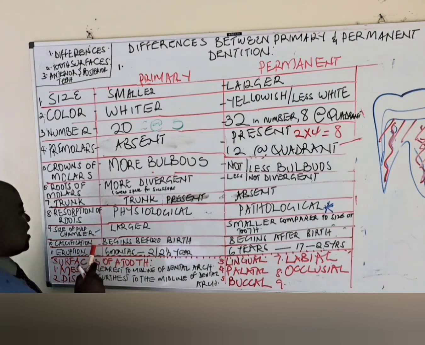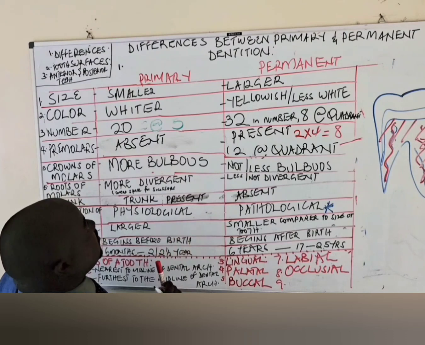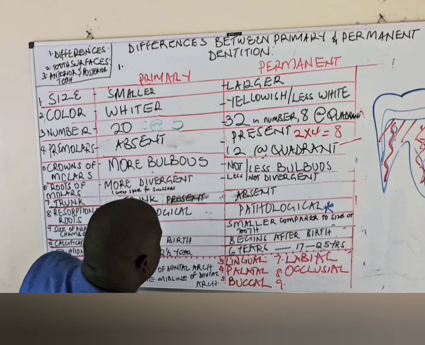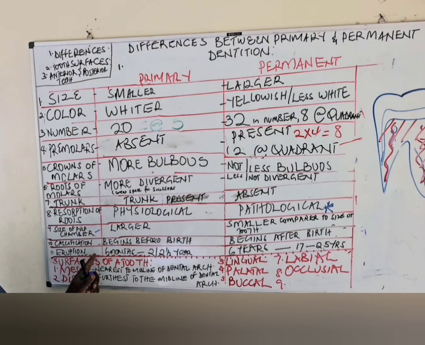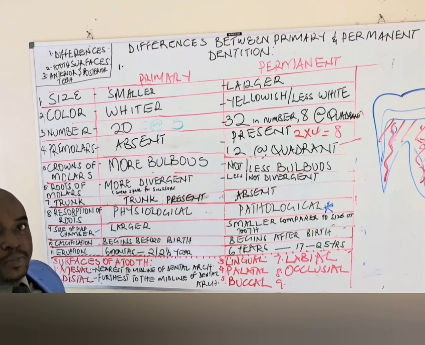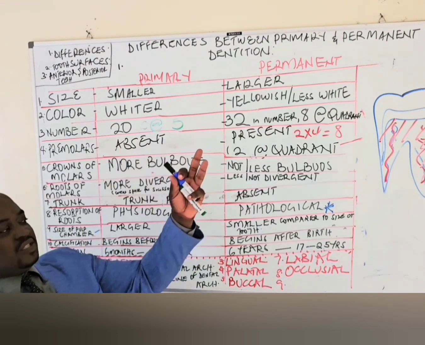Calcification of primary dentition begins before birth, whereas calcification of permanent dentition begins after birth. Another difference. We also talked about eruption, which we define as the movement of the tooth from its position in the jaw to the position in the oral cavity.